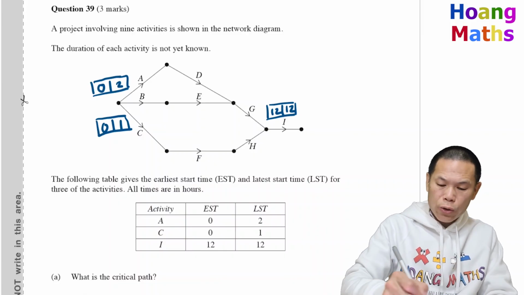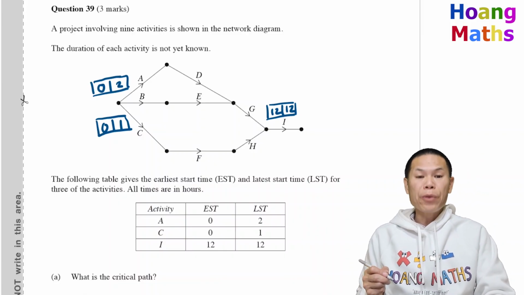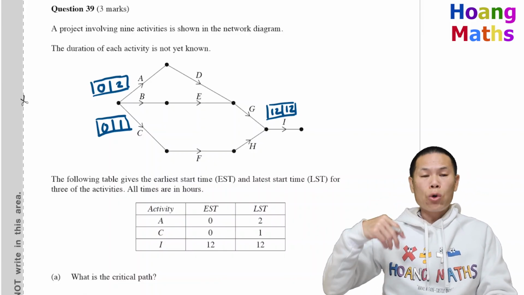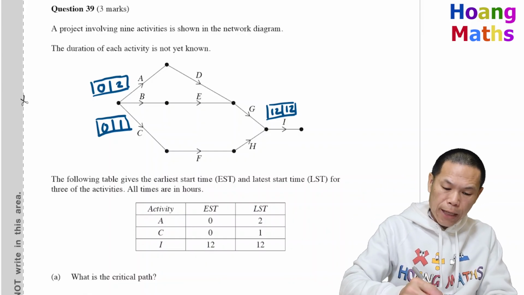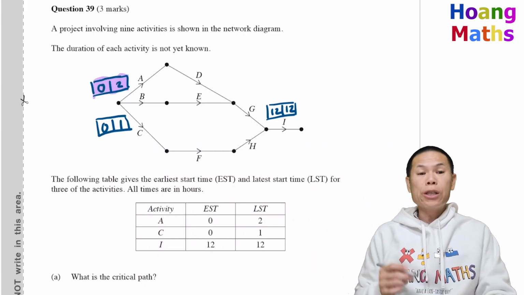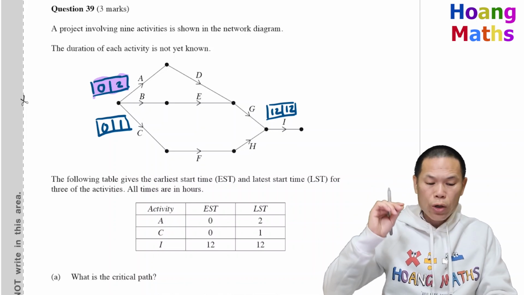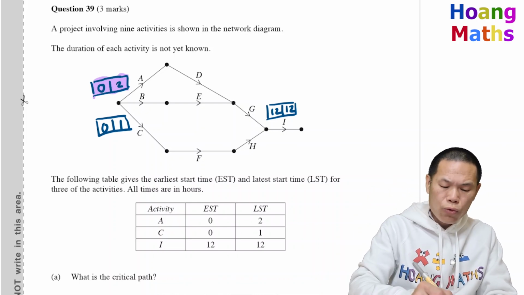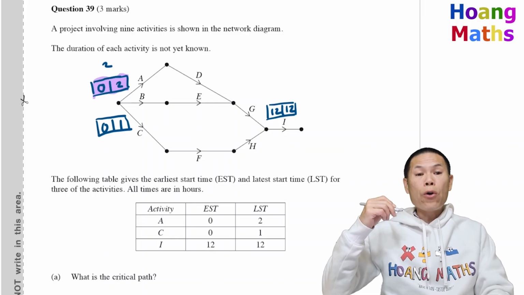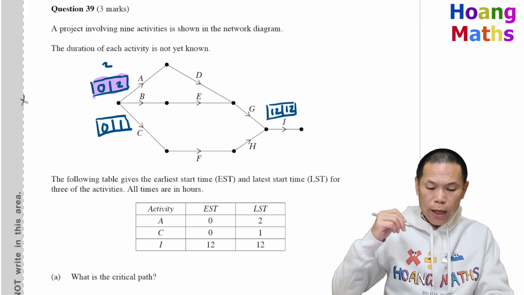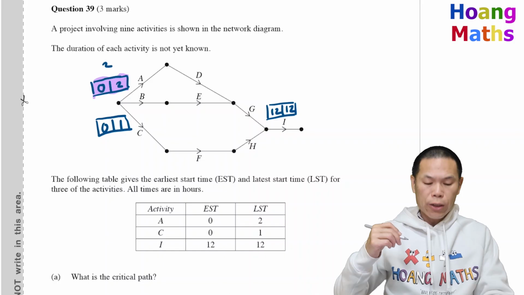So this is critical. Keep that in mind. To work this out, of course, we do need to find the floating time. So for this activity A here, the floating time is 2, right? 2 minus 0 is 2. So keep that in mind. Therefore, it's not critical. So activity A is not critical.